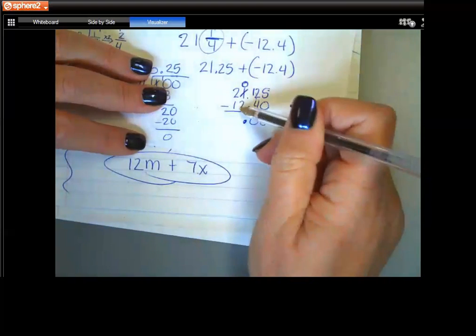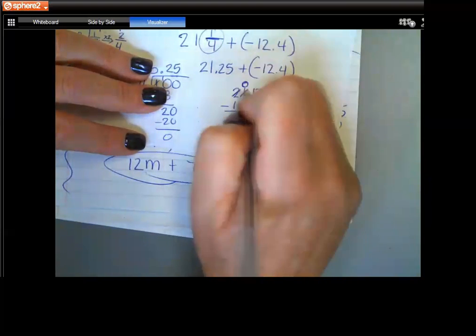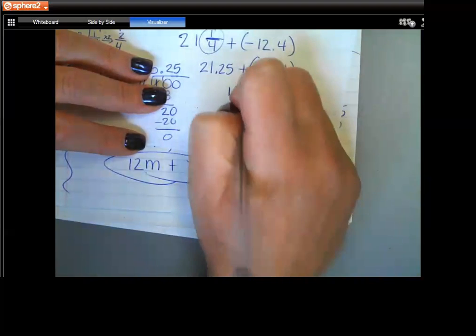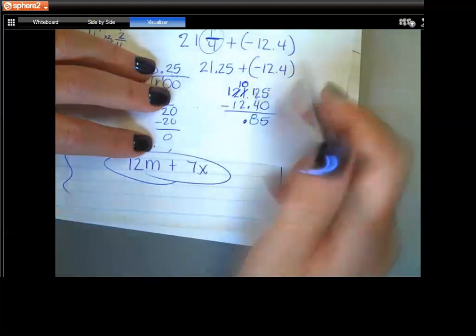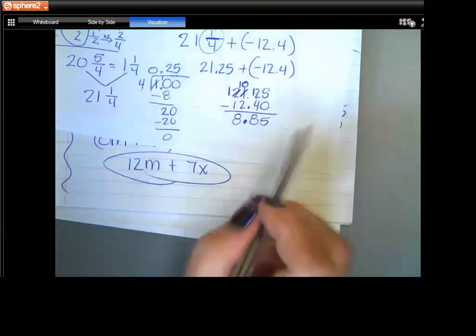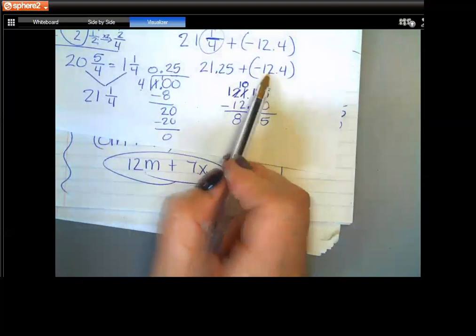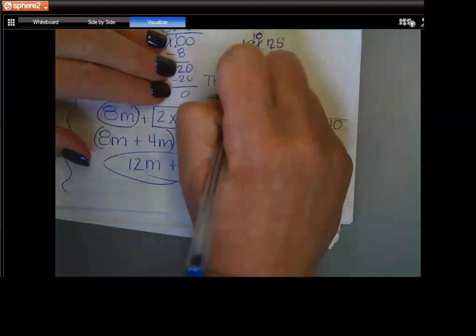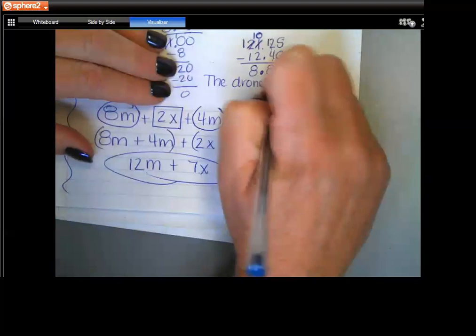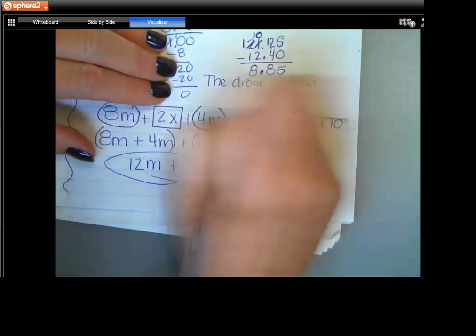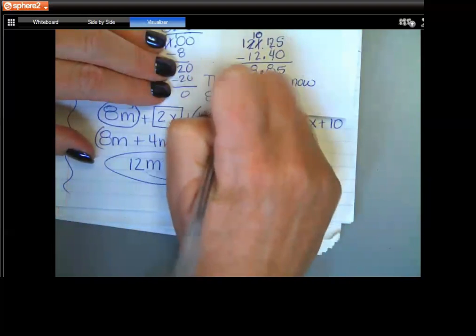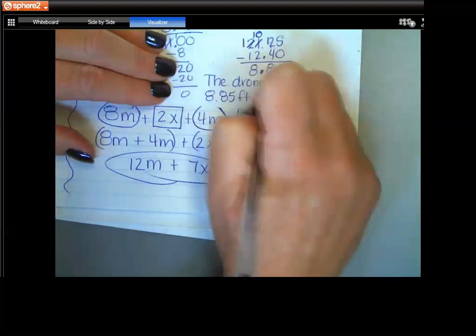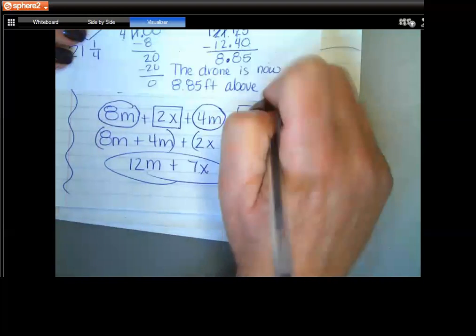I can't take 2 from 0, so I borrow from the 2, which makes that a 1. And this becomes a 10. 10 minus 2 is 8. And then if you look, this number is larger than this, so this is a positive. So the drone is now 8.85 of a foot above ground.